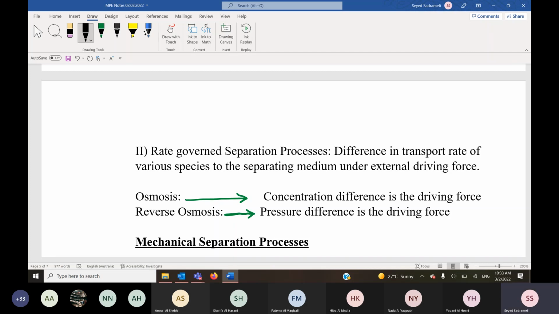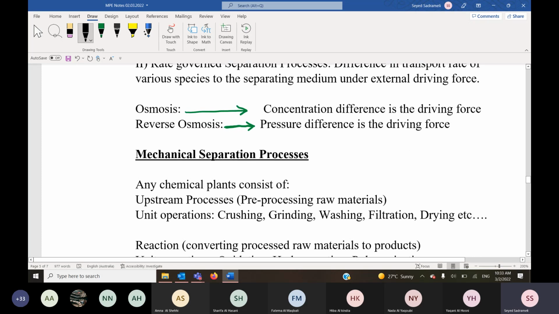Some of them will be plugged in the system, the others will pass through, and you can separate them. The examples are reverse osmosis and osmosis. Concentration difference is the driving force for osmosis, and pressure difference is the driving force for reverse osmosis. So the pressure difference, when you pass the materials through the reverse osmosis membrane, causes this separation.